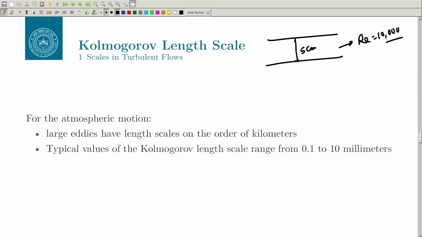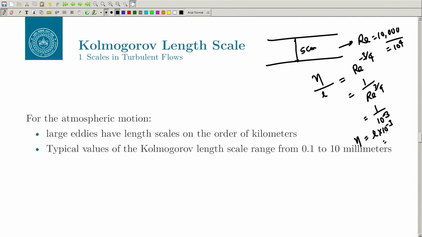If you want to resolve in one dimension, eta by L would be Re to the power minus 3 by 4 for this case, which is 1 by Re to the power 3 by 4. With Re equal to 10 power 4, that becomes 1 by 10 to the power 3. So eta will be L into 10 power minus 3.